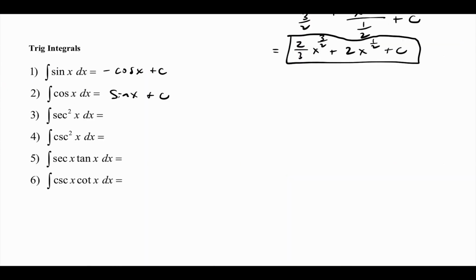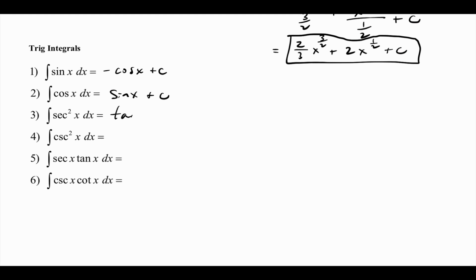Okay, so secant squared of x. That sounds familiar. We've seen secant squared before. It's the derivative of tangent, right? So the derivative of tangent is secant squared. So what's the antiderivative of secant squared?